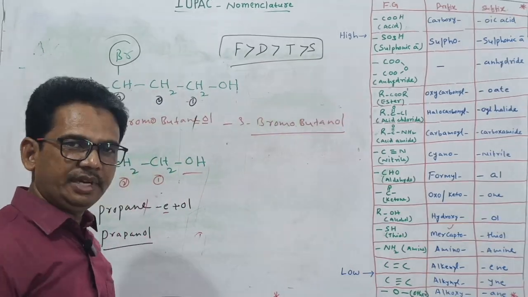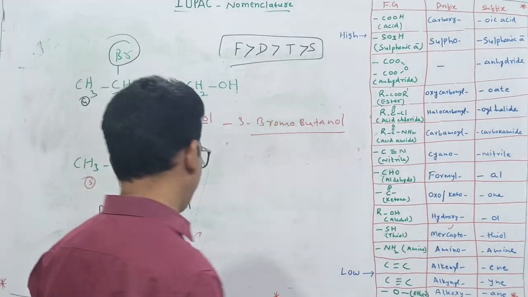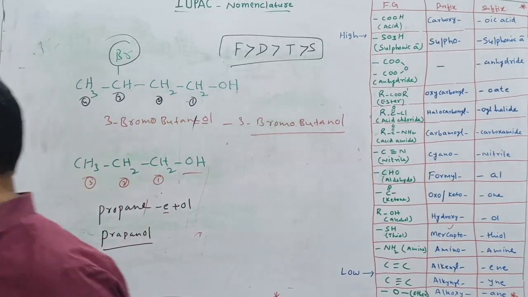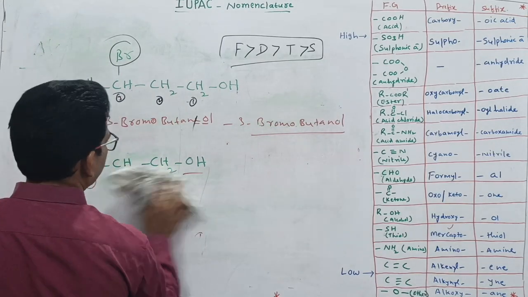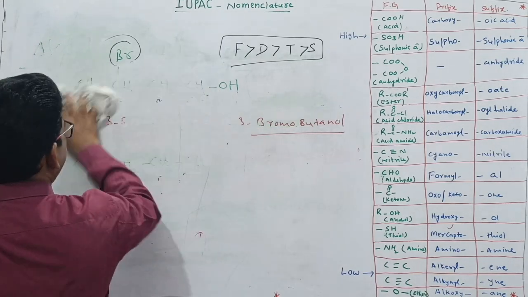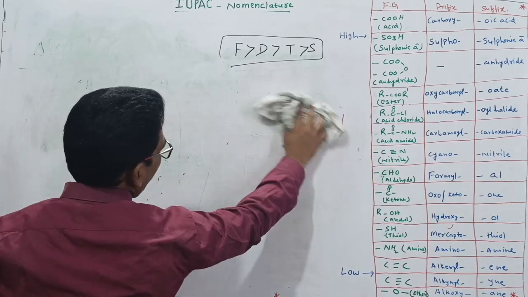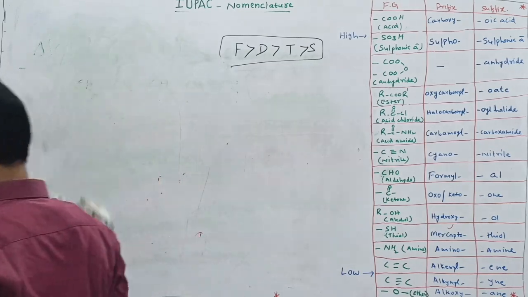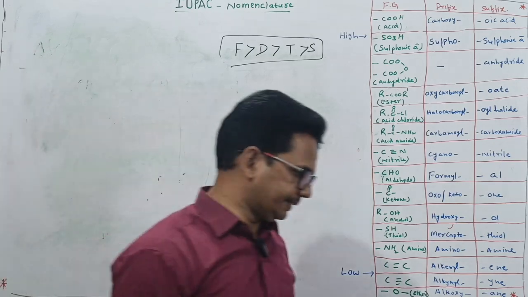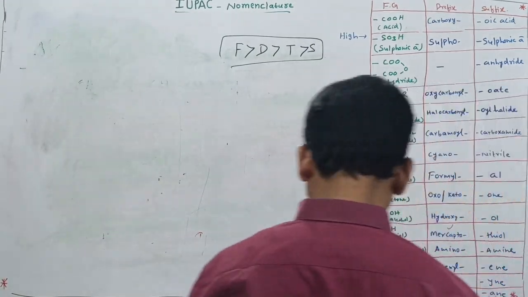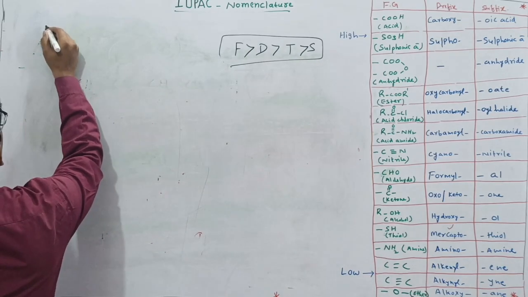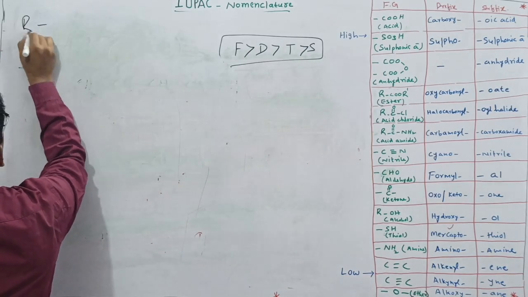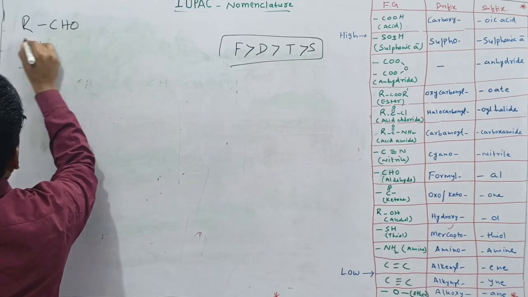Okay, understand? I hope you might have understood. If this is about the alcohols, then now we'll go for the aldehydes. The aldehyde functional group is RCHO.